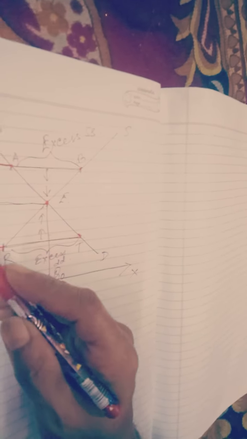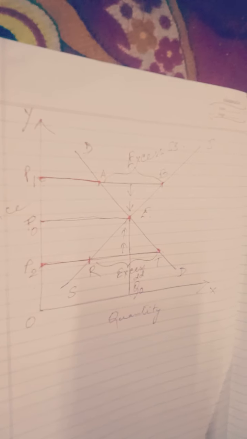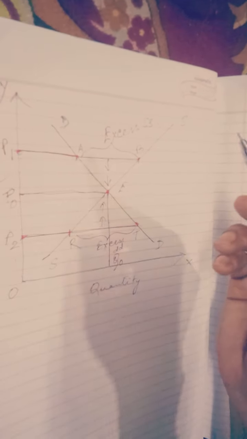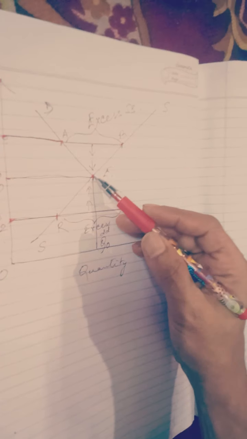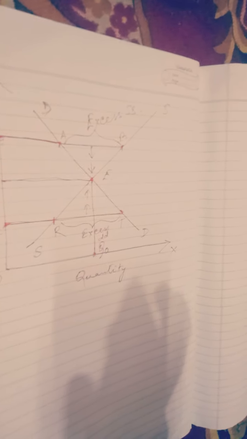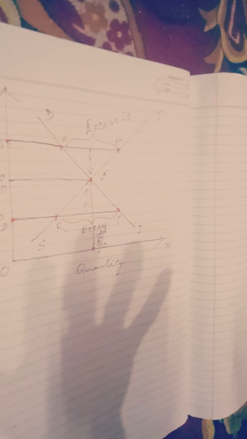And this price OP0 is the equilibrium price OP0, because at this price, demand is equal to supply. So this will be the price kept for the commodity. And the equilibrium quantity is OQ0. O is origin.